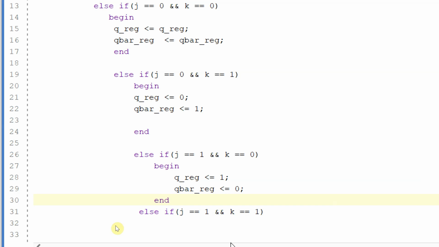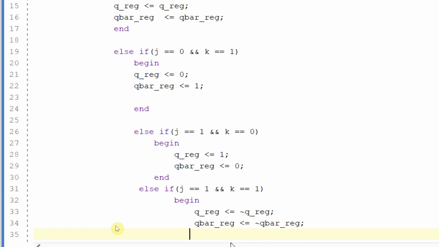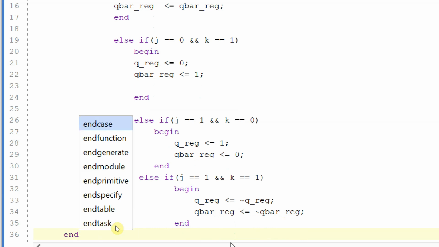So begin, q_reg will be equal to not of q_reg, and q_bar_reg will be equal to not of q_bar_reg, ending this and ending the always block.